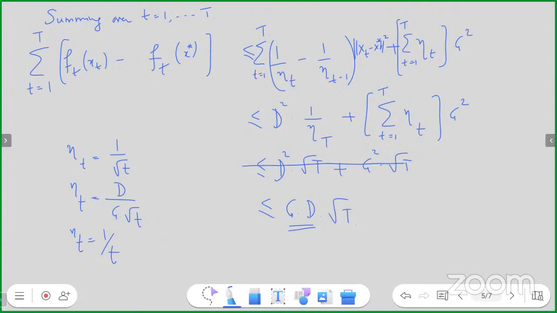What order would I get here? It will be simply 1 by t, right? It will just go back and become linear in t. So if I chose my step size to be 1 by t, I would get an order t regret.